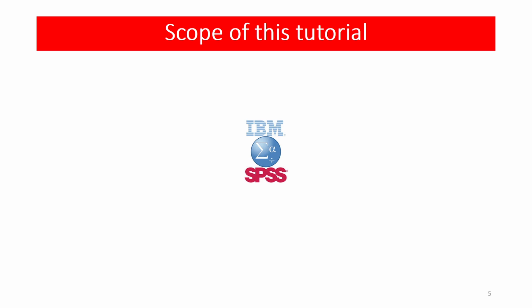What is the scope of this tutorial? First of all, in this tutorial, we're going to look at the general interface of the SPSS app. Secondly, we will take a look at the basic operations and the tabs available for you to perform your everyday functions using the SPSS app. Third, we're going to look at the different views that are available in the SPSS and what each of those views represents and what it is used for.